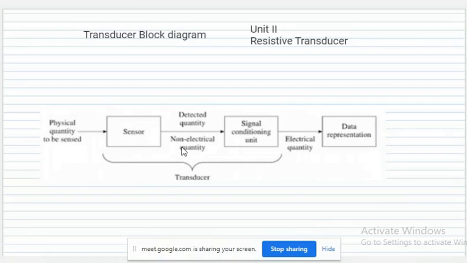This sensor gives information from the environment in the form of a passive quantity or some non-electrical quantity. If it is giving information in the form of a passive electrical quantity like resistance, inductance, and capacitance, then also we need the subsequent component called the signal conditioning unit. If it is giving information in the form of a non-electrical quantity, also we need the signal conditioning unit.